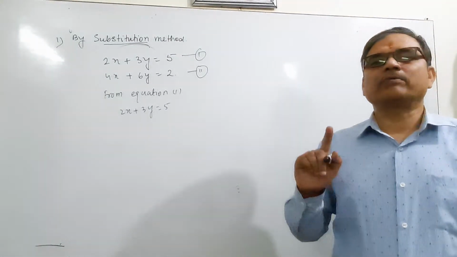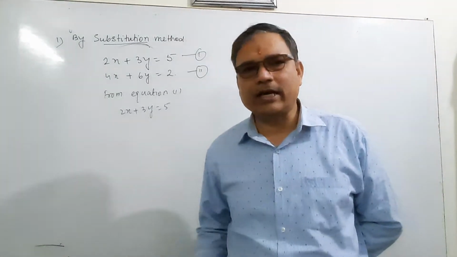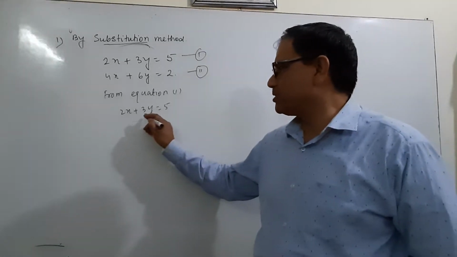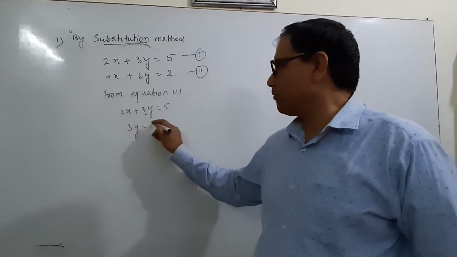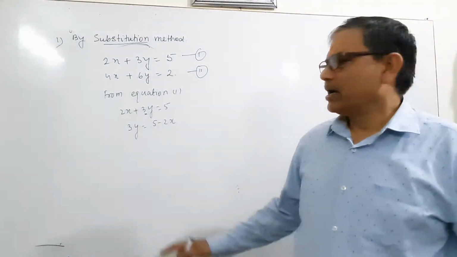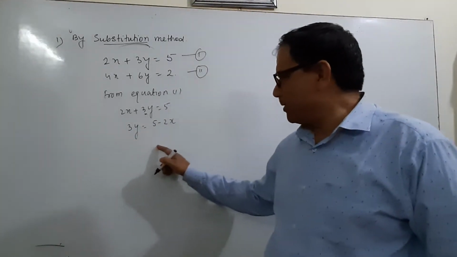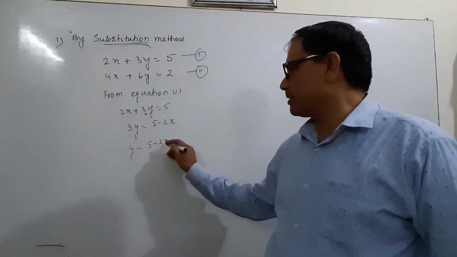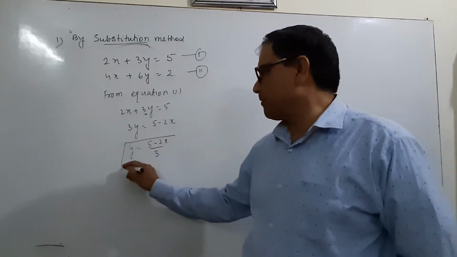Express y in terms of x, or we can say find the value of y. It means 3y is equal to 5 minus 2x, and this 3 will be divided. Y is equal to (5 minus 2x) upon 3. This is the value of y.